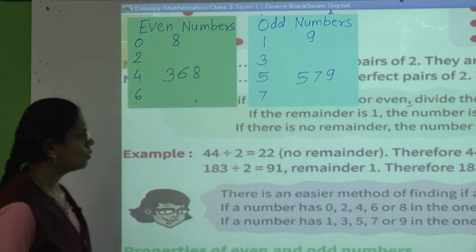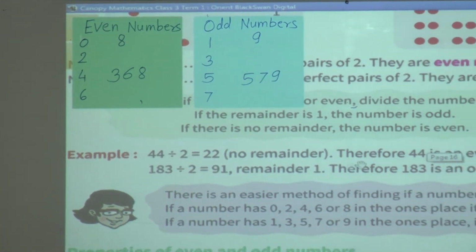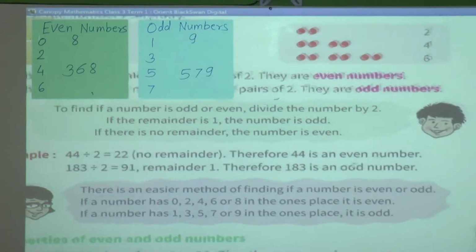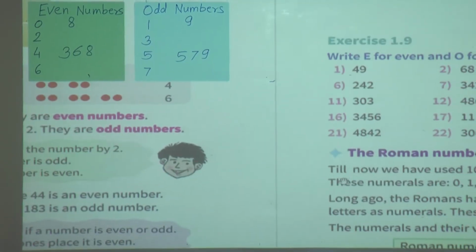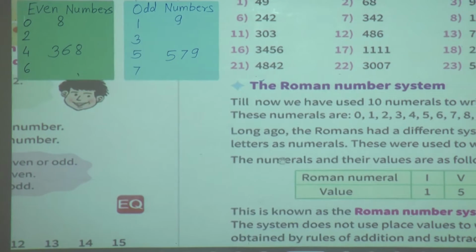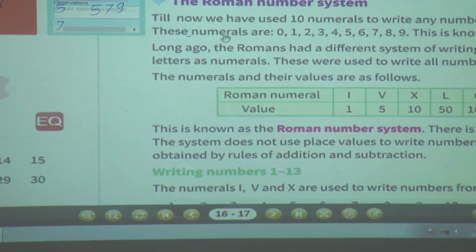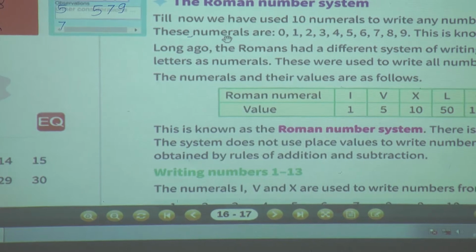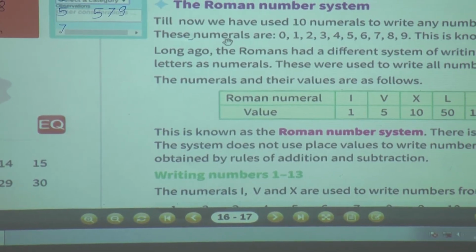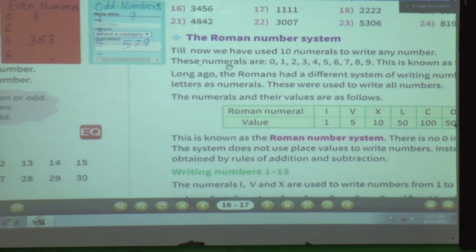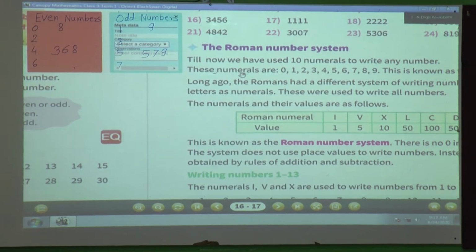Okay. Now today we are going to see Roman numbers. This is a very new concept for you. Roman numbers. Can you see this? See this Roman number system. Where can you see the Roman numbers? Yes, in the watch. Then while writing the grades in your notebook, you are using Roman numbers to write your grade.